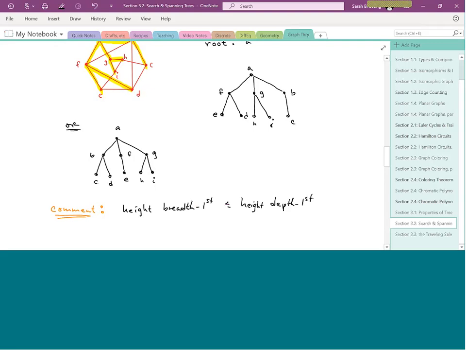And here's a fun fact. See if you guys can answer this one. If graph G is disconnected, any guesses what happens in terms of these spanning trees? If your graph is disconnected, do we have a spanning tree?